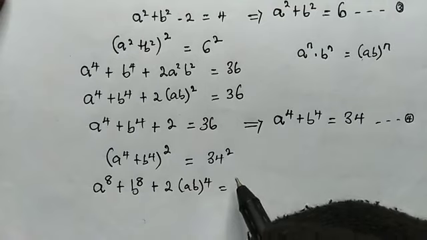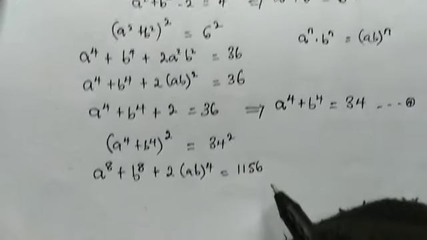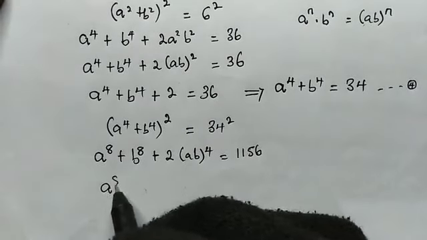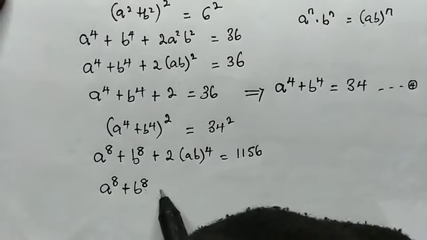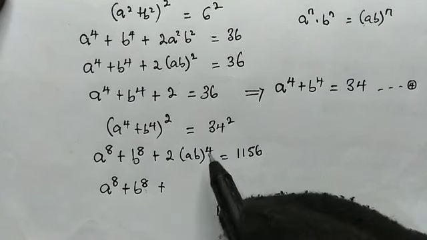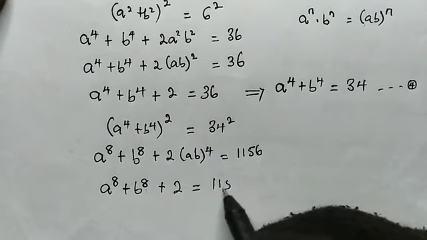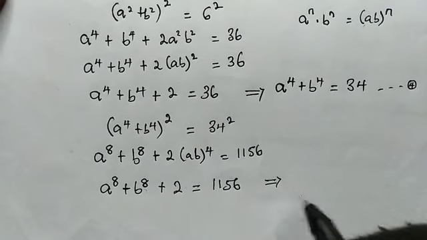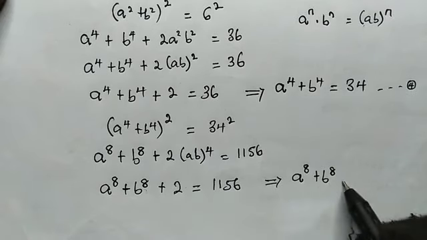This will be equal to 34², which is 1156. So from here we get A^8 + B^8 plus (−1)^4, which is 1, so 2 times 1 is 2, equal to 1156. Now subtract 2 from both sides.